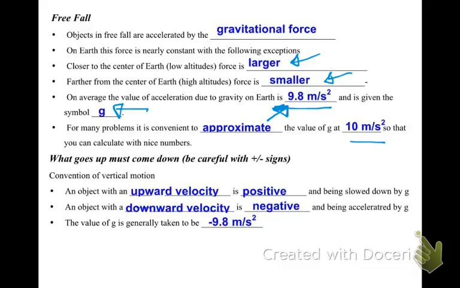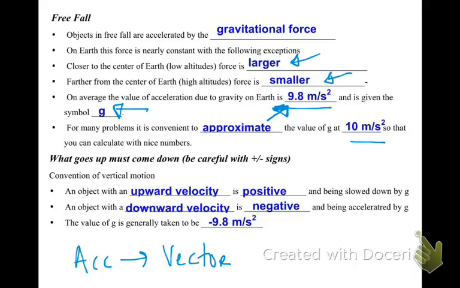Now, by convention, what goes up has to go down, and acceleration is a vector, which means that it has direction associated with it. That means that we have to identify the direction of positive acceleration and a direction of negative acceleration.